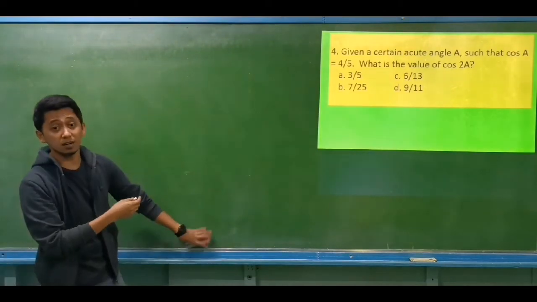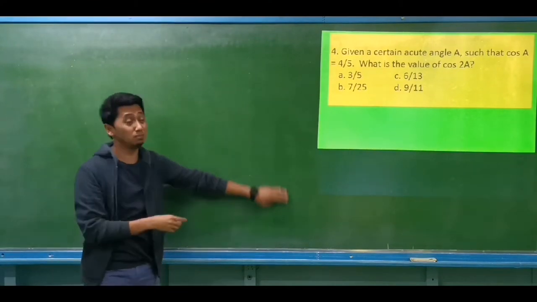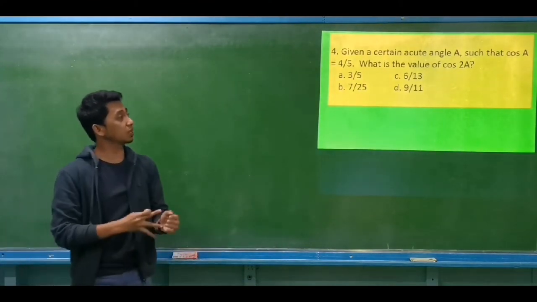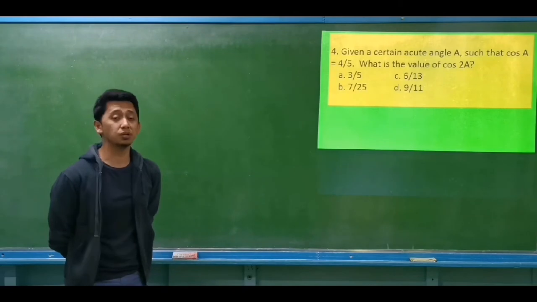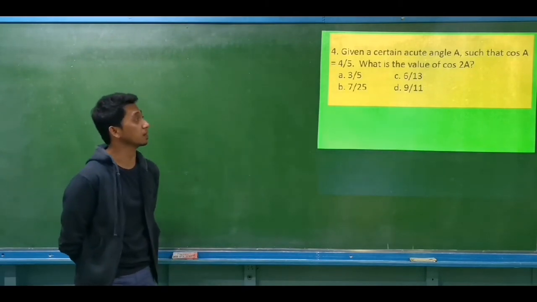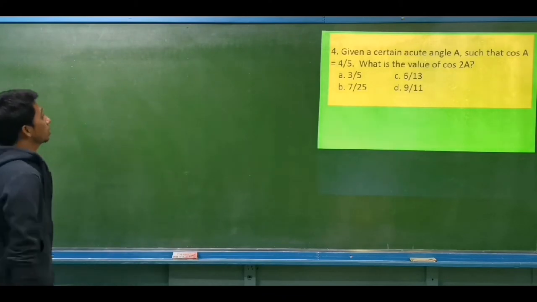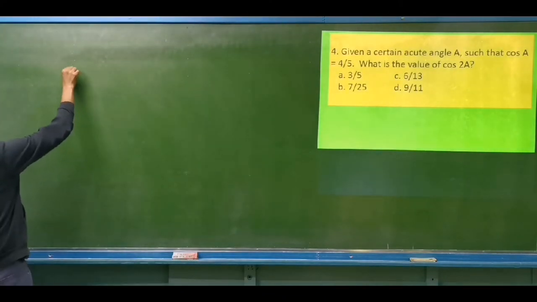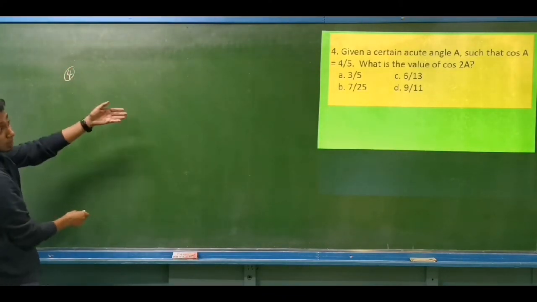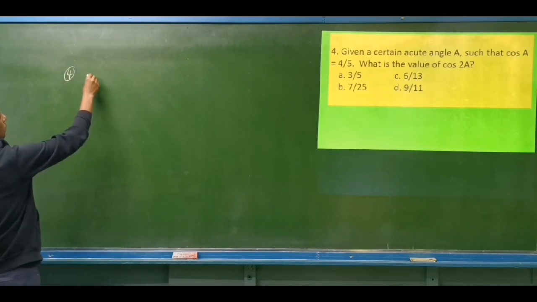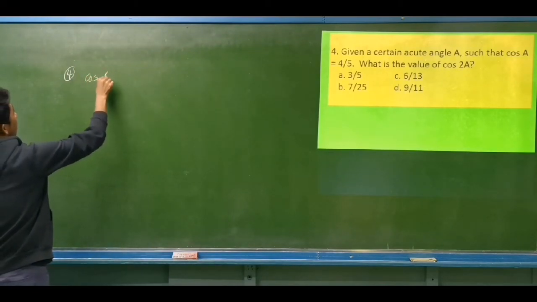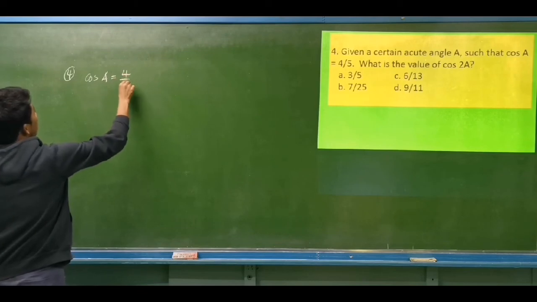Okay, problem number 4. Lumabas namin ito sa board exam. So, given a certain acute angle A such that cosine of A is equal to 4 over 5, what is the value of cosine of 2A? So, pwede mo pa namang makuha yung actual angle, yung value ni angle A, since we have the cosine of angle A is equal to 4 over 5.